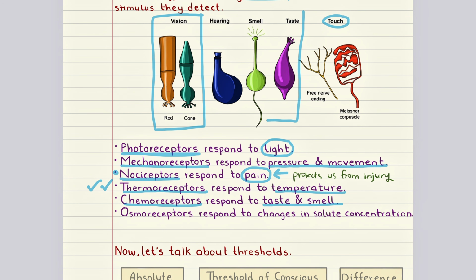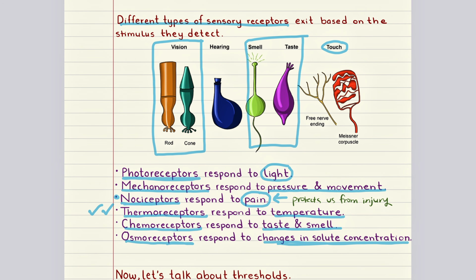We also have osmoreceptors. These receptors monitor the concentration of dissolved particles within body fluids. And in this way, osmoreceptors play a role in regulating water balance, in helping maintain homeostasis, and also in helping generate the sensation of thirst when the body needs more water.